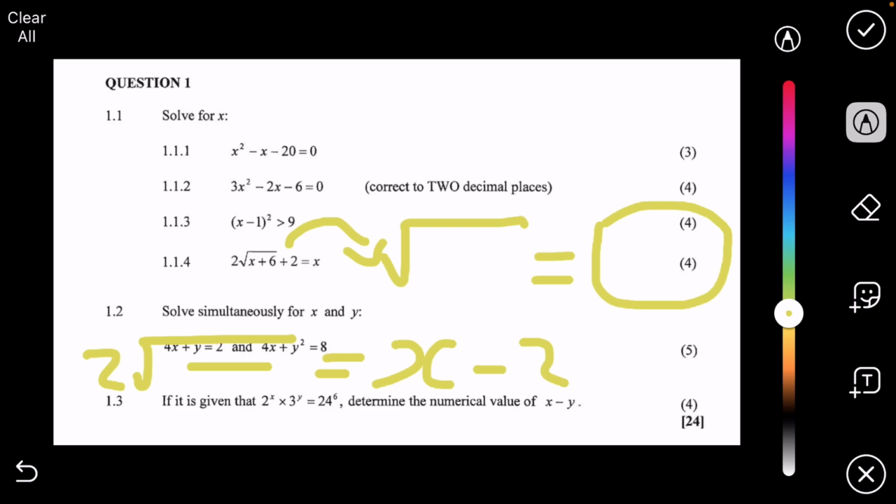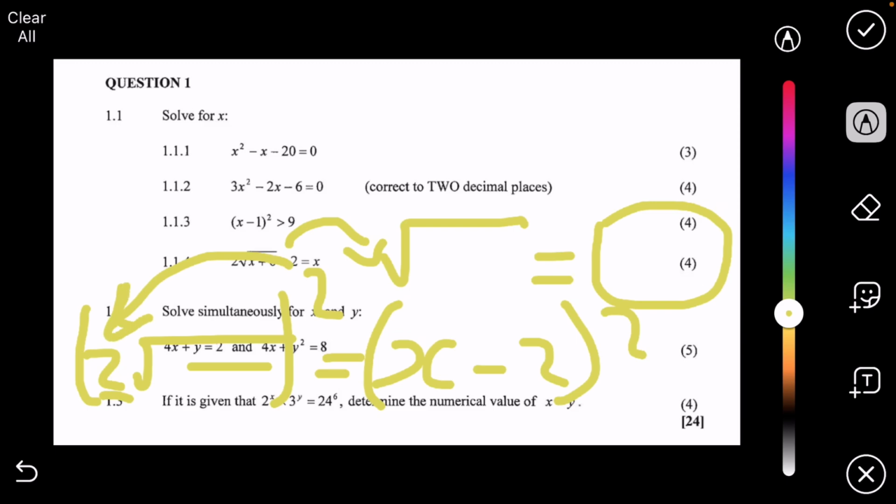Remember, it changes sign. Why would you do this? It's because the main aim is to remove the square root. As soon as you remove the square root, what matters most is that you square that 2 as well. It could be 2, 3, 4, 1,000, whatever number it is, you need to square both that number and the square root. That's how you remove the square root.